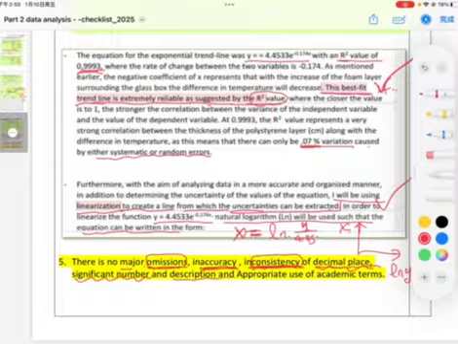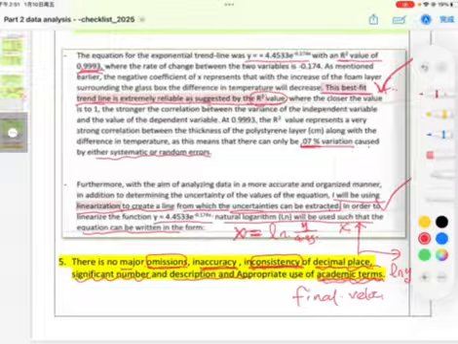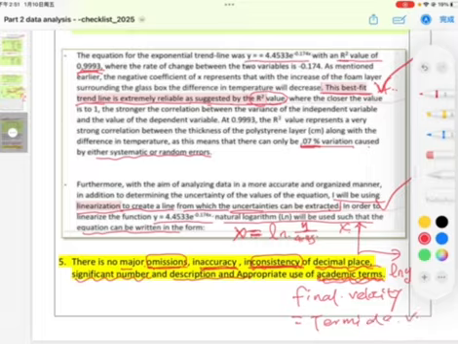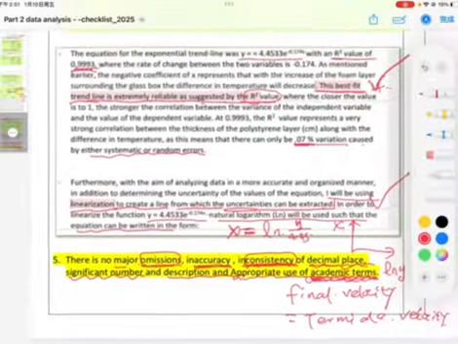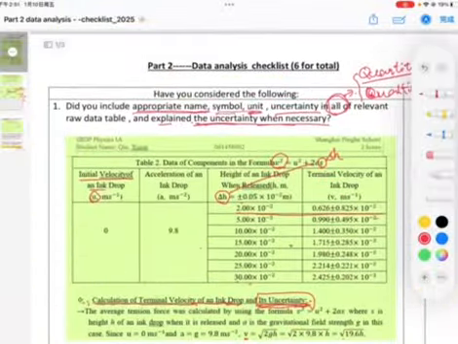And then check the description and appropriate use of academic terms. Okay, if you know this is terminal speed, then use terminal speed instead of speed or final speed. Final speed is different, right? Final velocity is different from terminal velocity, right? Just an example to show that you need to use appropriate academic terms, okay? And if you have included everything in this checklist, then it should be fine, all right?